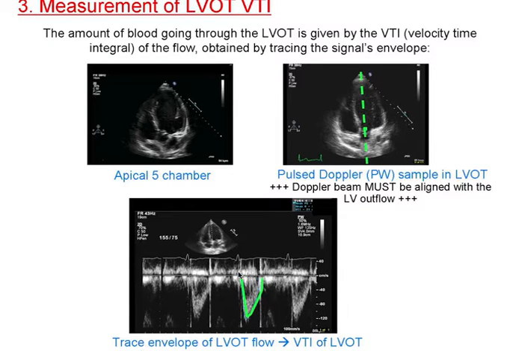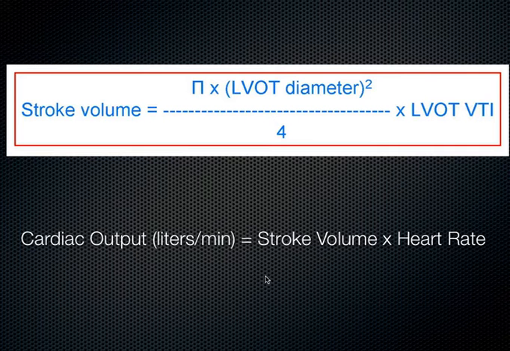And then you can manually trace this envelope of flow, or the computer actually does it for you automatically. And so once it has that LVOT diameter which you measured, it squares it times by pi divided by 4, and then it multiplies it by the velocity time integral, or that envelope.